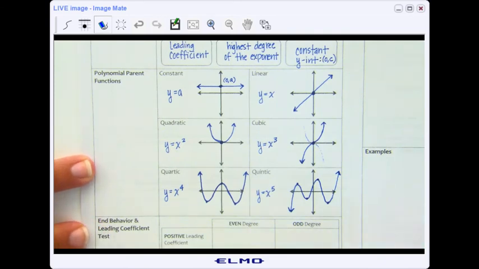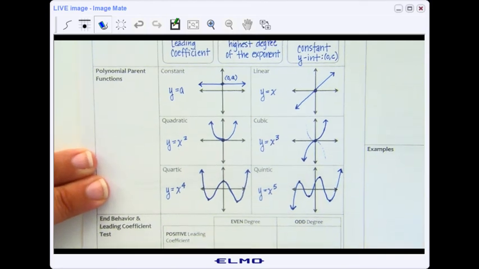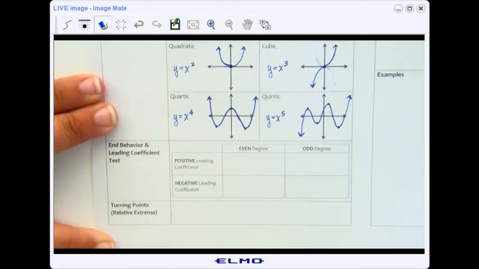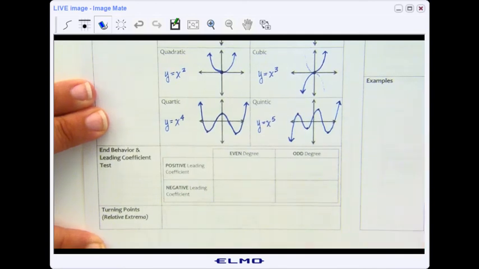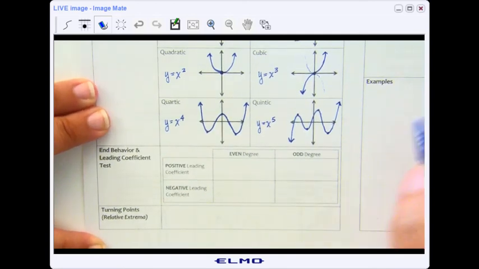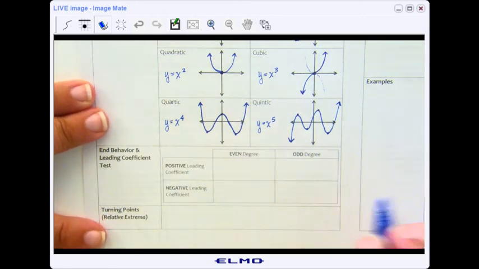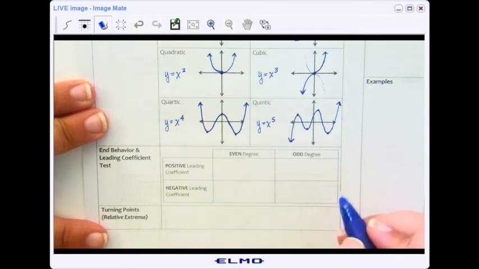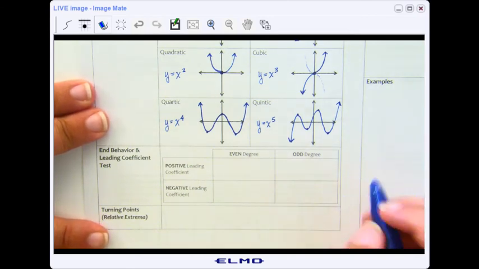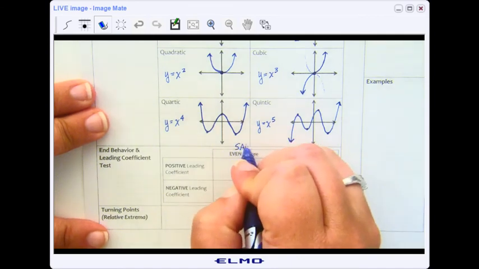Now, we can generalize the end behavior of different types of polynomial functions based solely on the leading coefficient. We call this the leading coefficient test. If your function is an even degree, so 2, 4, 6, 8, then the ends of your graph will always go in the same direction.